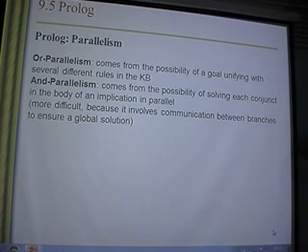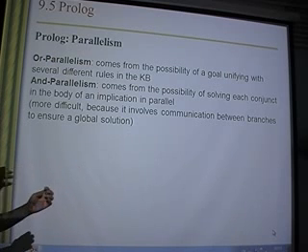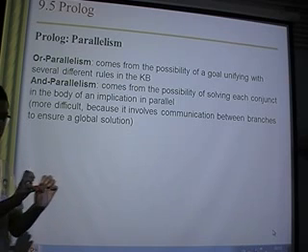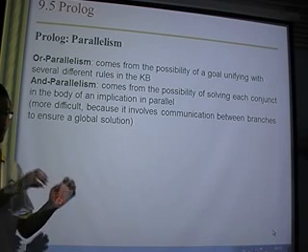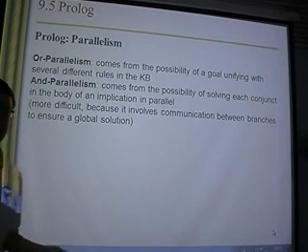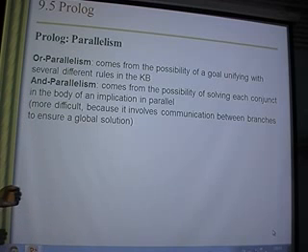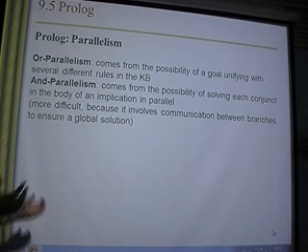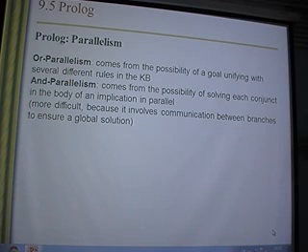For the AND parallelism, it comes from the possibility of breaking the sentence into first and rest, which is what the AND procedure does. It involves communication between branches because as a whole, they should construct a global solution.